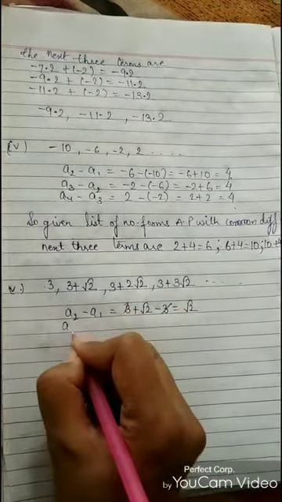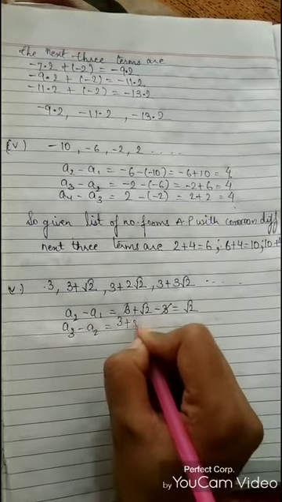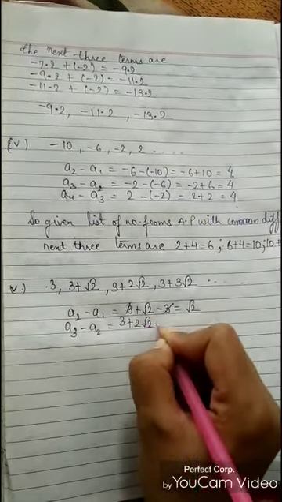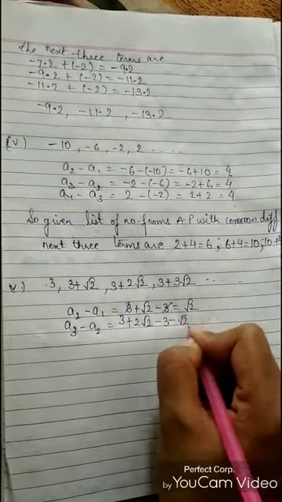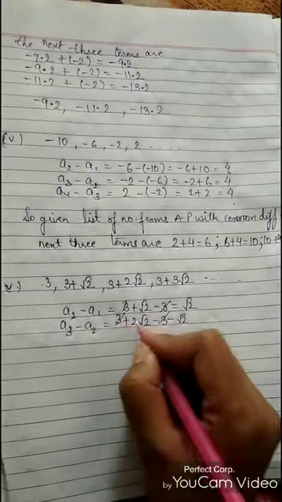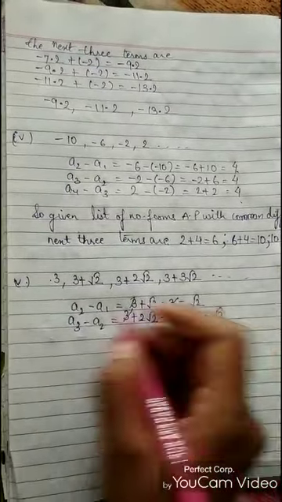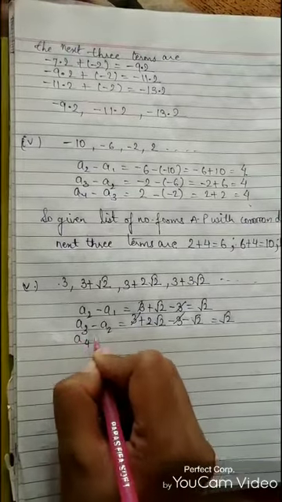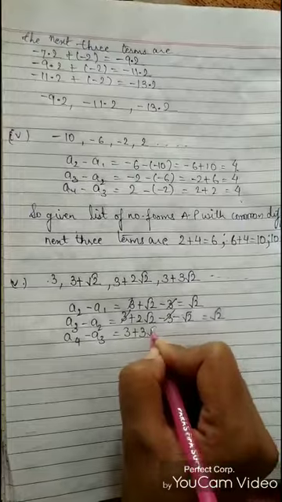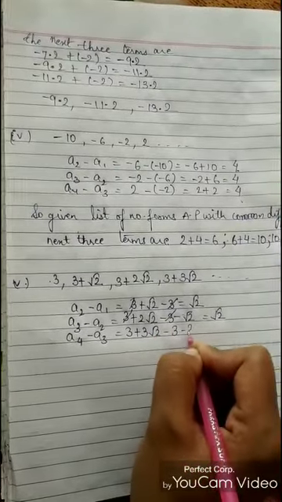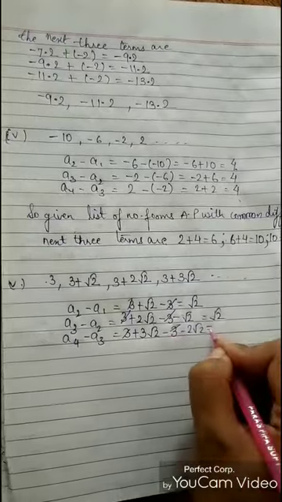Now a3 minus a2 will be equal to 3 plus 2 root 2 minus 3 minus root 2. So you will cancel these two, and 2 root 2 minus 1 root 2 will be root 2. Now a4 minus a3, that means 3 plus 3 root 2 minus 3 minus 2 root 2. 3 cancel. 3 root 2 minus 2 root 2 is root 2.